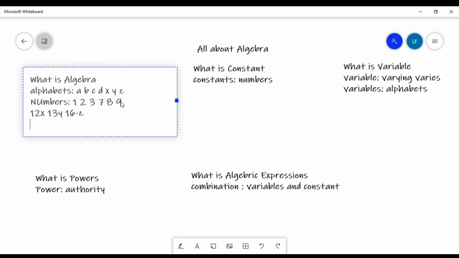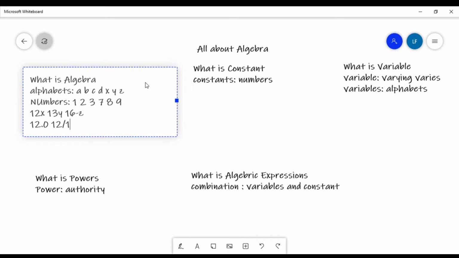In algebra, we can say that 12 is an algebraic number, but 12 is also a natural number, a whole number, and a decimal number. If we add a 0.0 there, it's also a rational number, as you can make it 12 by 1. Algebraic numbers can come under any type of rational numbers, decimal numbers, fractional numbers, whole numbers, natural numbers, even integers.